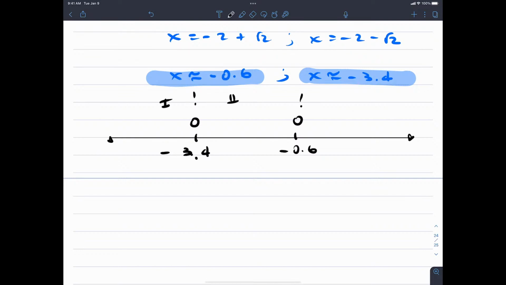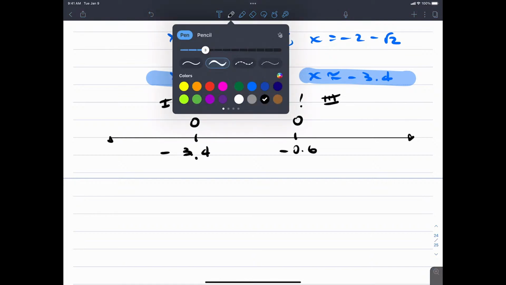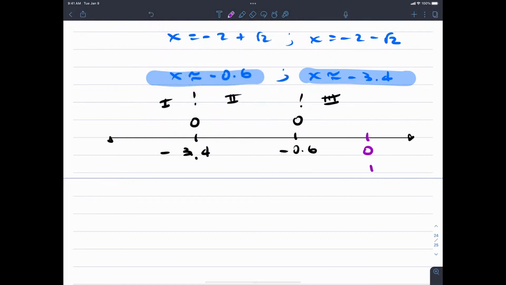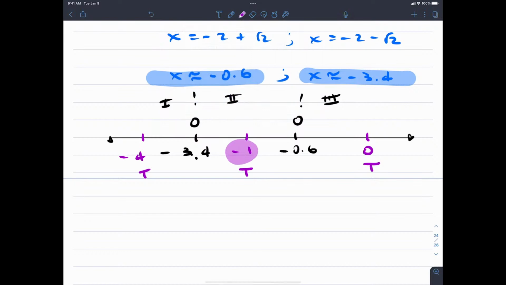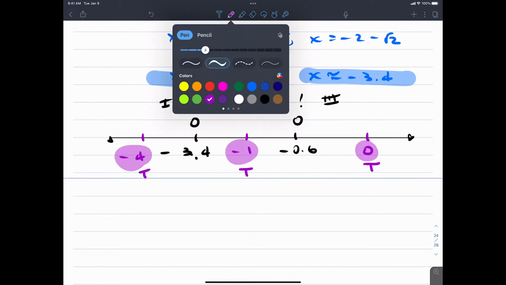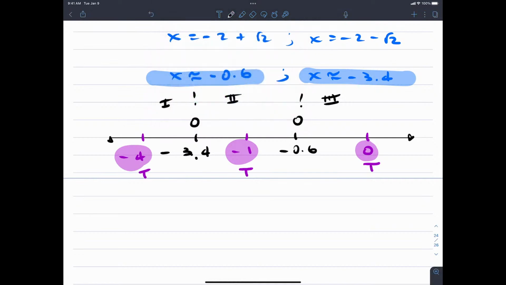Region 1, 2, and 3. What you'll do is use test points. If 0 is available, use 0. Negative 1 is available, okay, good. And then negative 4 is available, right? You can let your life be, hopefully, easier. And this is on what derivative? You can make sure it's on the second derivative.